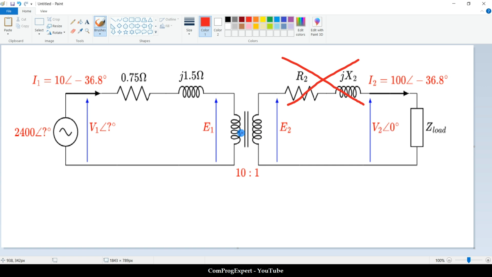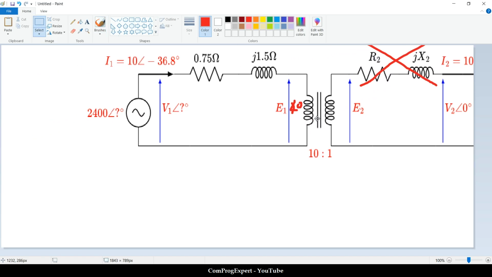We can assume that the angle of E1 is also 0. So in this case, we know the amplitude of V1. We know the angle of E1. We know the current. And we are going to calculate the amplitude of E1 and the angle of V1. Yes, a little bit more complex than the previous case.